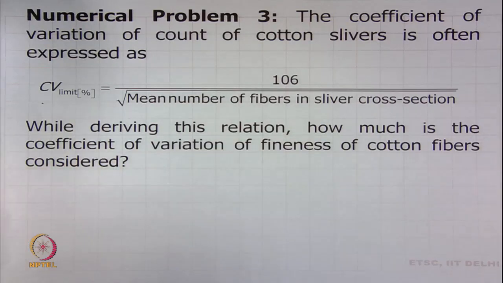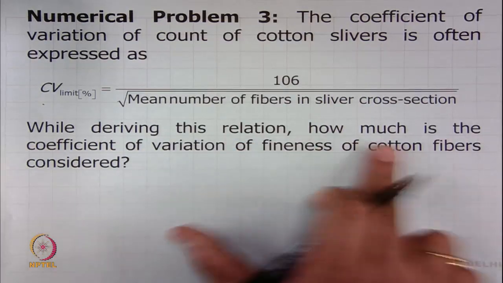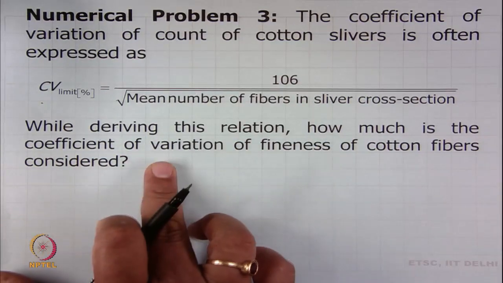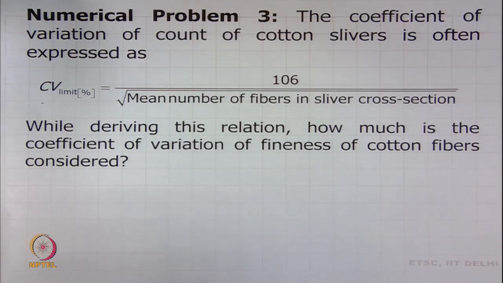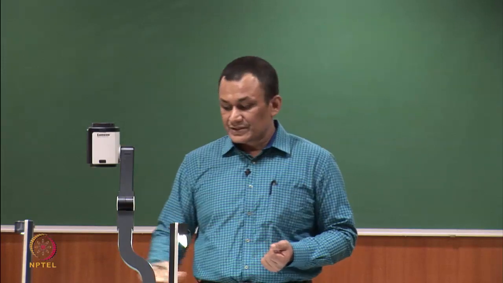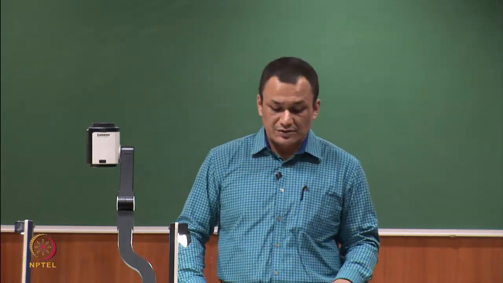This expression is often found in textile literature. While deriving this relation, how much is the coefficient of variation of fineness of cotton fiber considered? So, you are asked to calculate the coefficient of variation of fineness of cotton fiber, if this is the expression for coefficient of variation of count of cotton sliver.